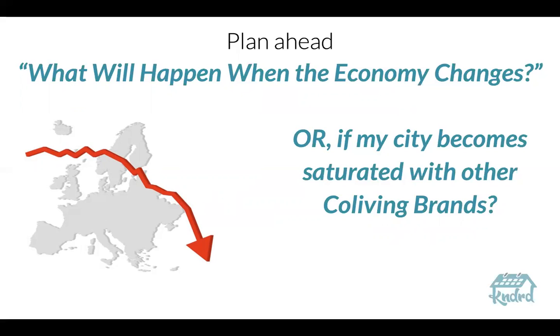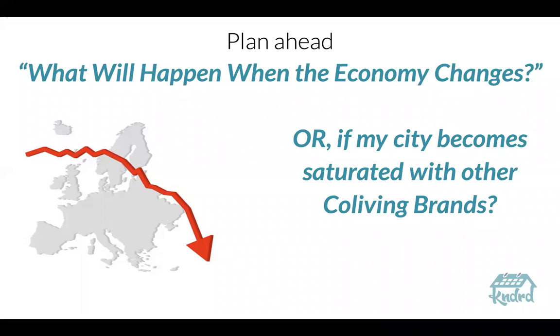I also want us to fast forward and imagine the future of co-living when things change, and things always change. We already know that, right? I'm obviously the biggest optimist in the world, but you still want to be realistic and plan for the future. So let's say vacancy rates started going up and occupancy started going down in your city.